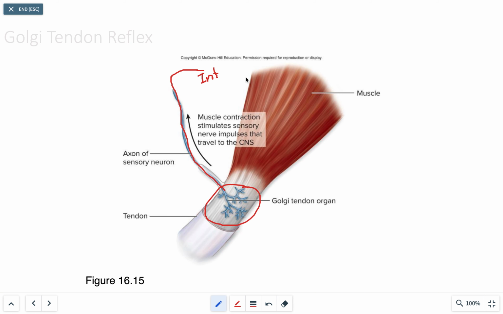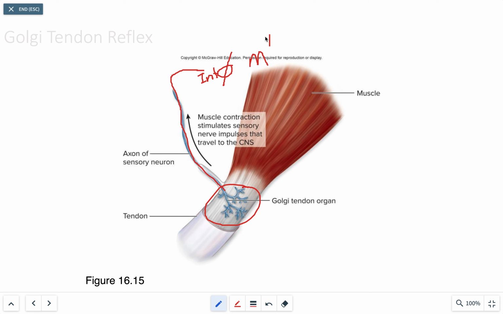The only difference is once the interneuron is activated, it is going to inhibit the action of the motor neuron. So once we see the interneuron, we will not see that information going into the motor side.